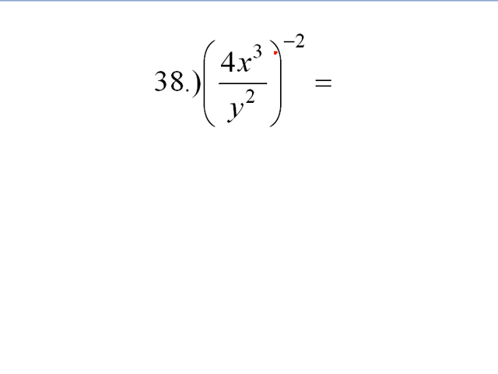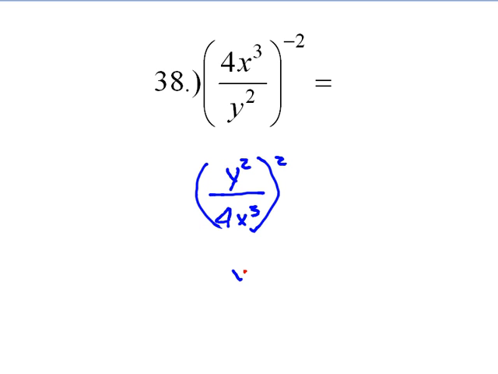Alright, now you know I hate these negatives. So what's the first thing we're going to do? Invert it, right. So we have y to the second over 4x to the third. And now that is raised to the second. Okay, what do we do when we have an exponent raised to an exponent? Multiply them.